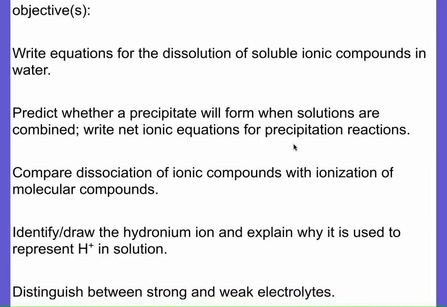Your objectives for this section are to write equations for the dissolution of soluble ionic compounds in water, predict whether a precipitate will form when solutions are combined, write net ionic equations for precipitation reactions, compare dissociation of ionic compounds with ionization of molecular compounds, identify and draw the hydronium ion and explain why it is used to represent hydrogen ion in solution, and then finally to distinguish between strong and weak electrolytes. It's a lot of stuff to get through, but we'll get it.